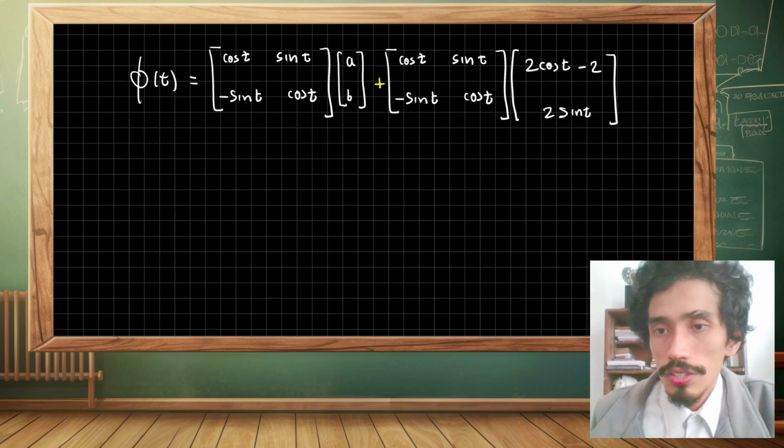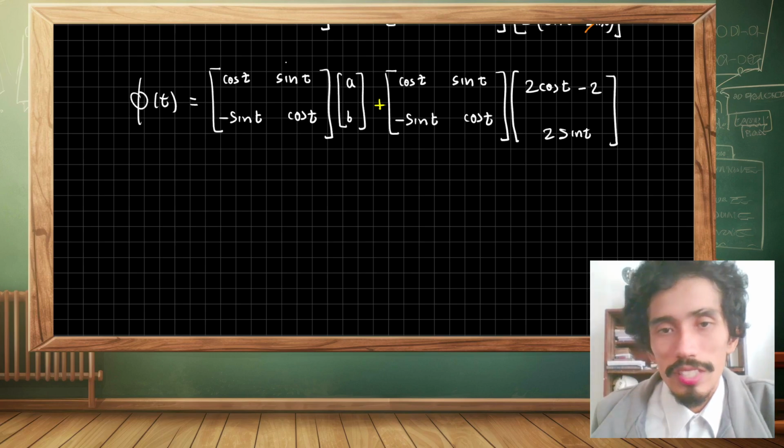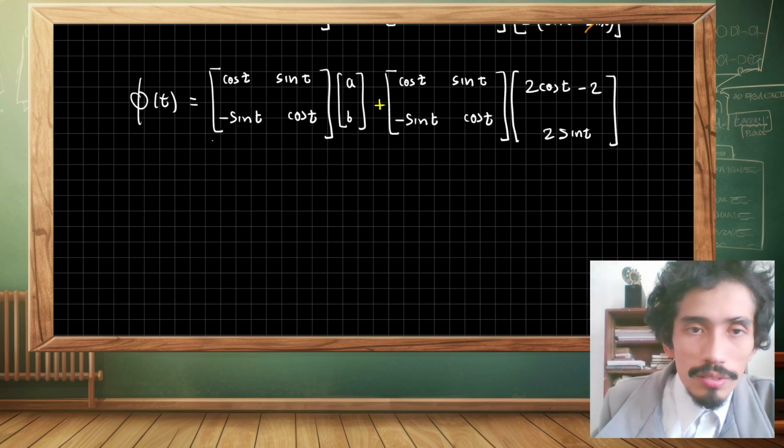So this is already the solution. You can do the operations, or you can leave it as it is. There's nothing else to integrate, so it's pretty much done. But let's just do the calculations.